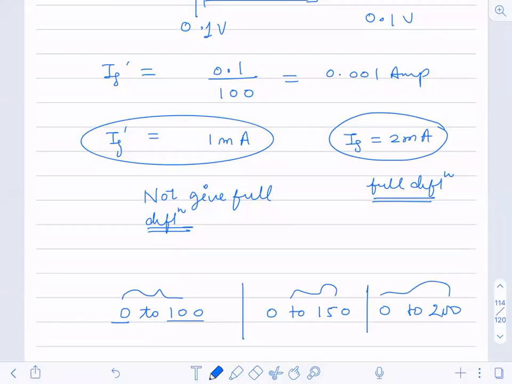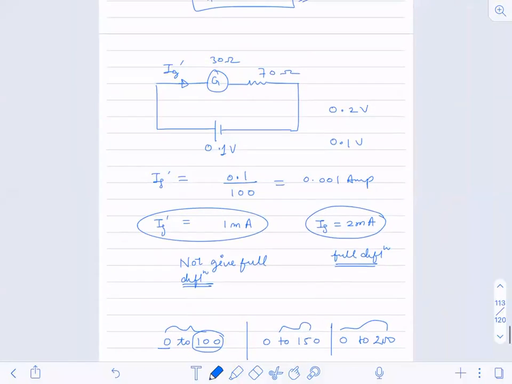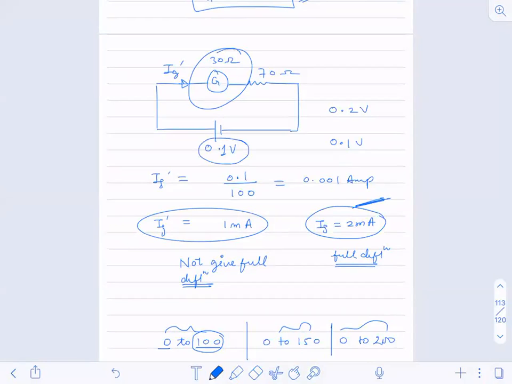But you should have a pointer. You should be getting a reading when you reach 100. If you cross 100, this speedometer is not going to give you the proper reading. In the same case, this galvanometer, which had full deflection at 2 milliampere, will show full deflection at 0.2 volt only.